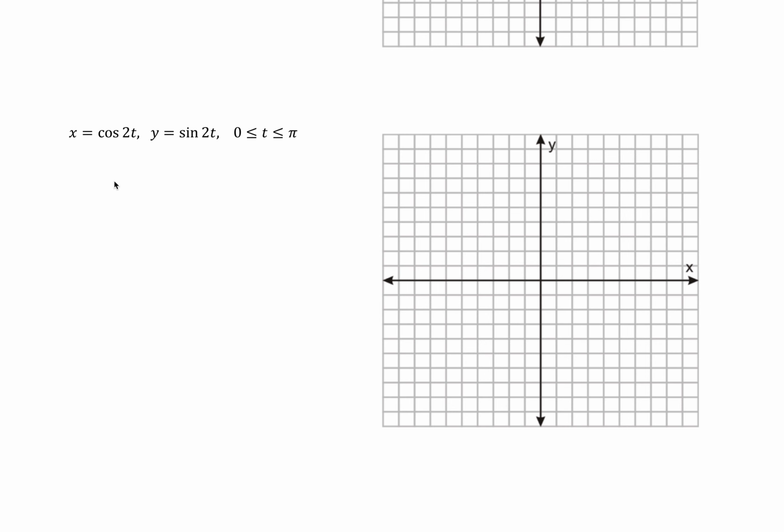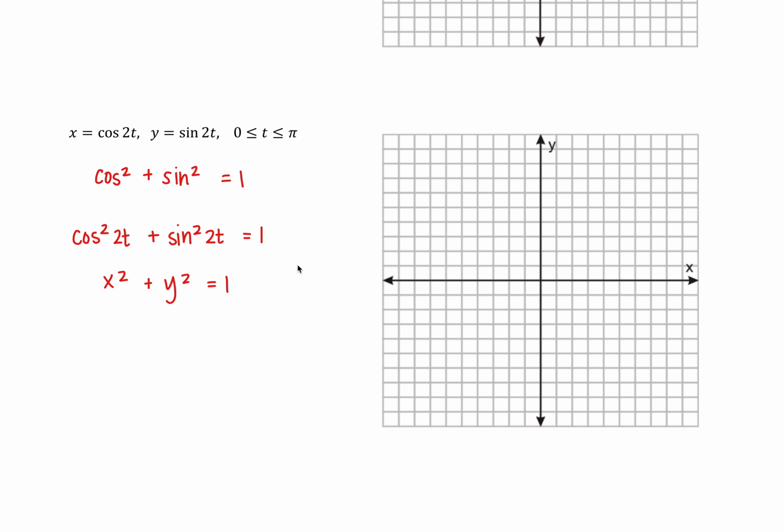Now, if you remember the trig identity that says that cosine squared plus sine squared equals 1, I'm going to apply it here. And I can say that cosine of 2t squared plus sine of 2t squared is equal to 1. So in other words, x squared plus y squared equals 1.